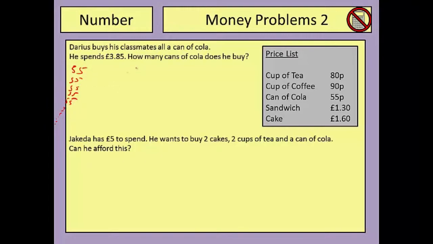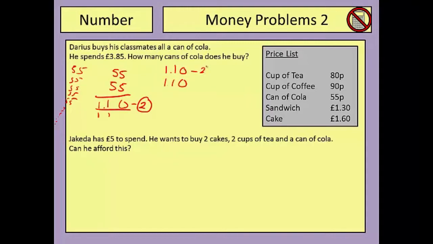So if I take the cost of one of these cans, which is 55p, and add it together with another one, then 5 add 5 gives me 10, 5 add 5 gives me 10 again. So two of these cans cost £1.10, and I'm just going to make a note of that there. Now, instead of taking the cost of one can, I'm going to straight away take the cost of both cans.